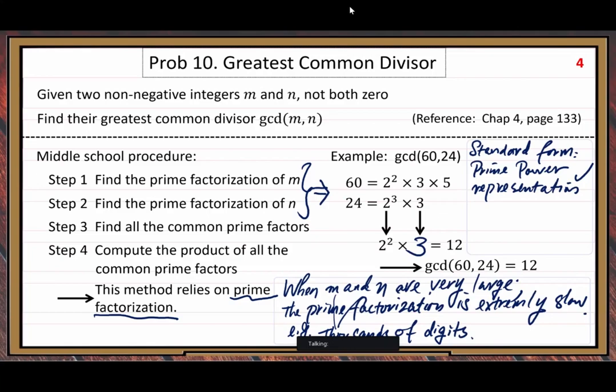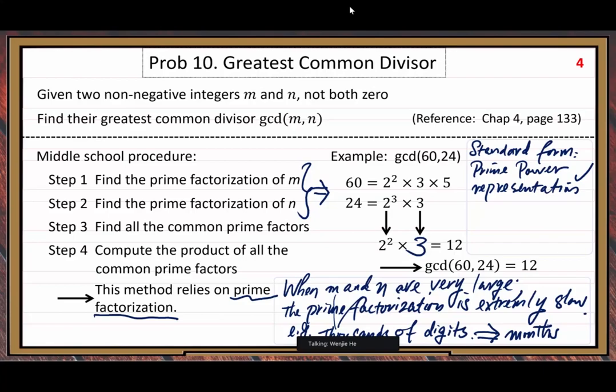In that situation, even if you use a lot of computing power, a large number of server machines, it takes several months to complete the prime factorization. That hard.